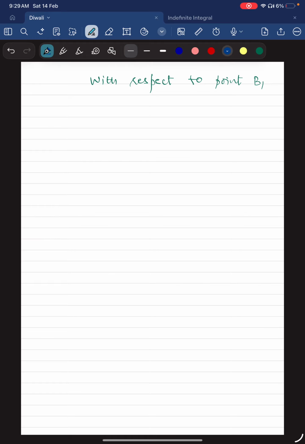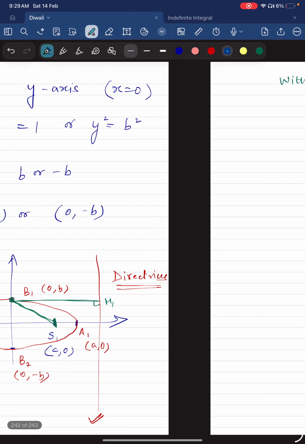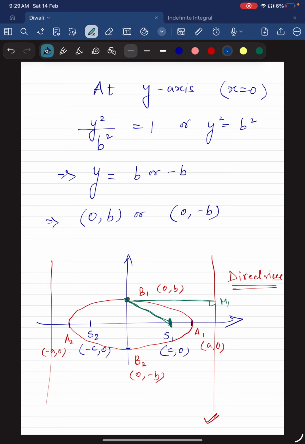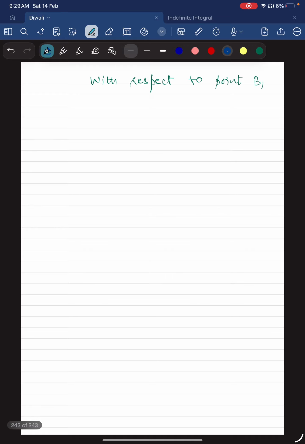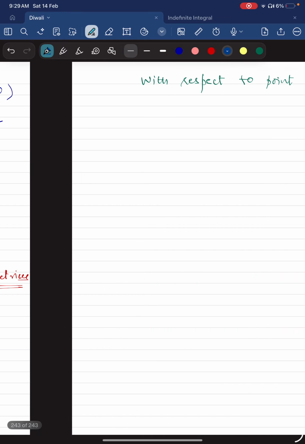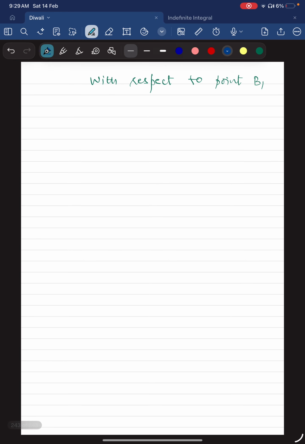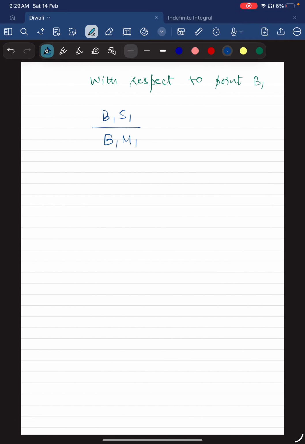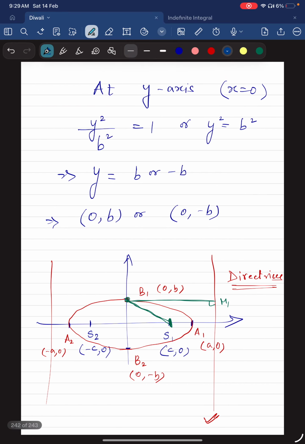as per the definition of conic, the distance of any point on the conic from the fixed point, that is the focus, that is B1 S1, with respect to the distance from the fixed line always remains constant, which is equal to what?